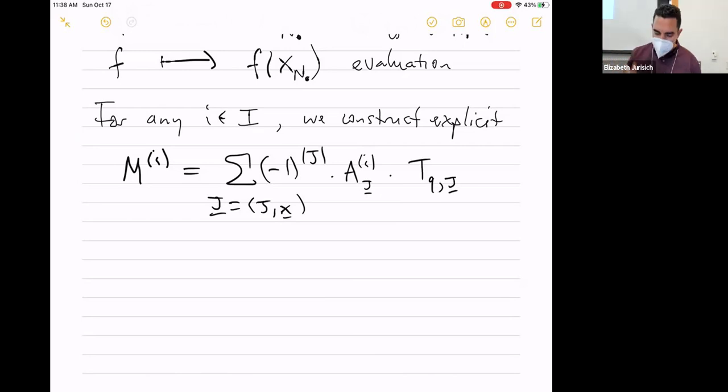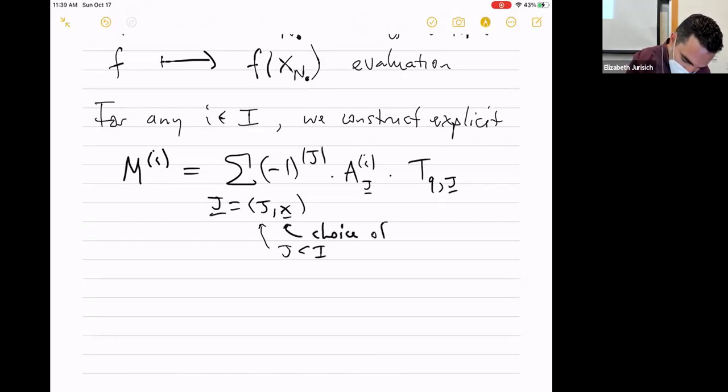The first thing is it's alternating. This is a subset J of I. And this X bar is a choice of variable X_J.